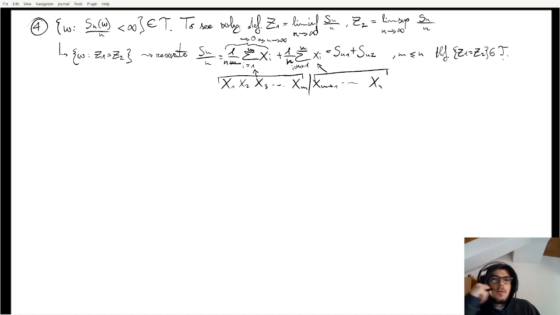Because this is quite similar to the example in which we saw that the limit exists, I think.